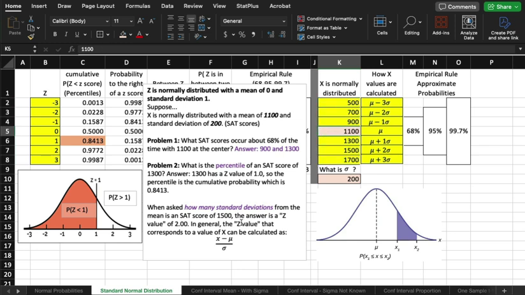But if you happen to be given a different value, say 1050, how would you calculate the z-value for that? You take your x value, which is 1050, subtract mu, which is 1100, and then divide by sigma, which is 200. And that will tell you what its z-value is. So that's your general formula for converting from a value of x to a value of z. However, we have very special ones that are on our table.